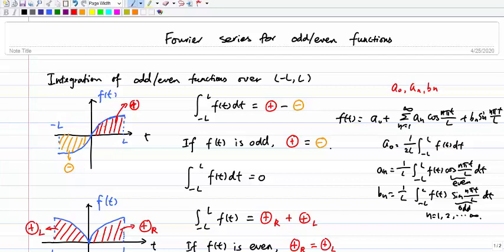So according to the definition of integration, it's just the area underneath from 0 to L. For example, this is the area with a plus sign, so I'm going to calculate this area, and I'm also going to subtract the area from the bottom side. This is the area covered by the orange color over here. So the actual integration from negative L to L of f(t) dt is the area covered by the red part minus the area of this orange color.